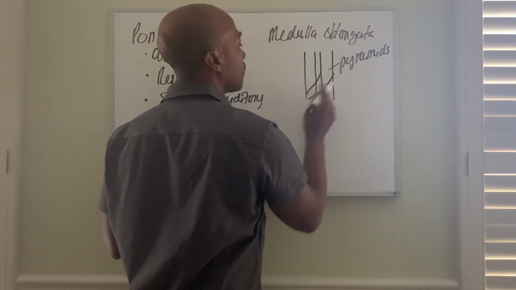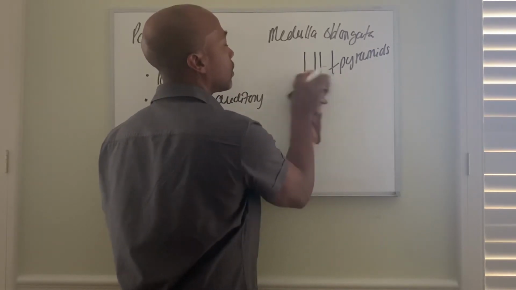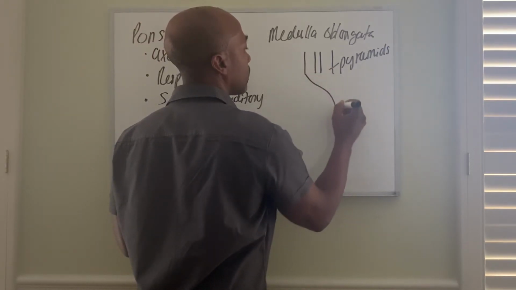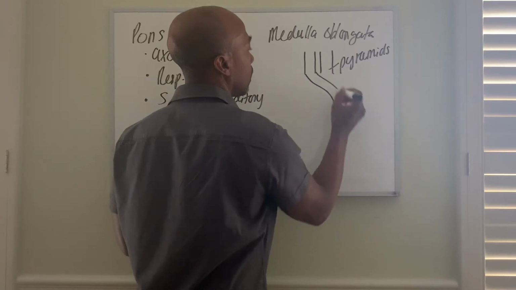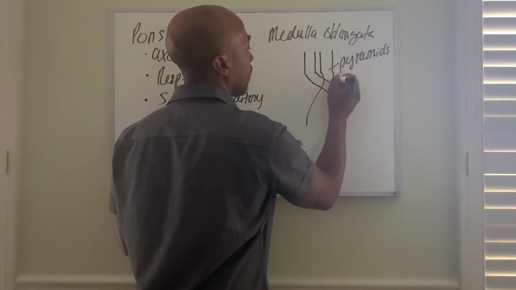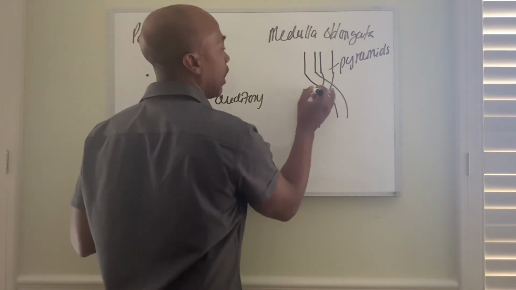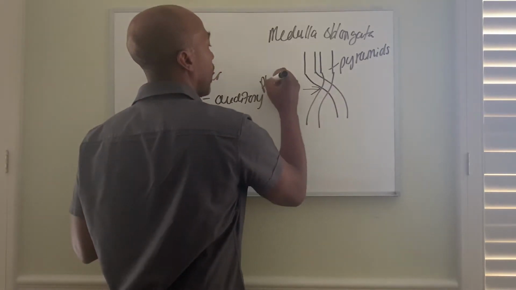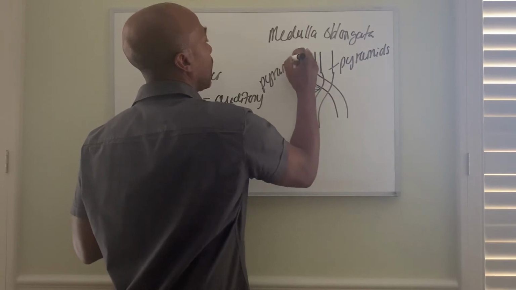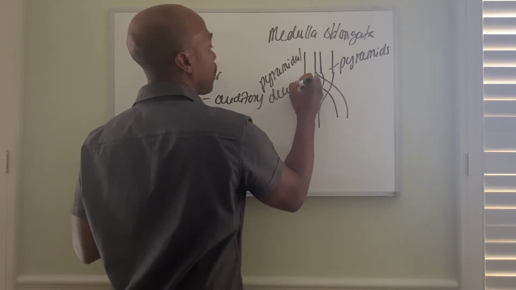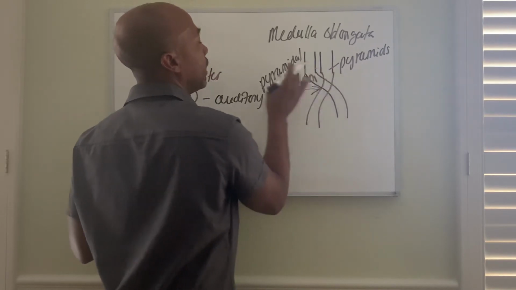Cross over. So these will do this, and these will do that. And when they cross over, this part now, what we call your pyramidal decussation, means pyramidal crossing over.